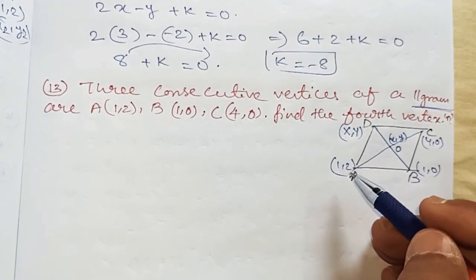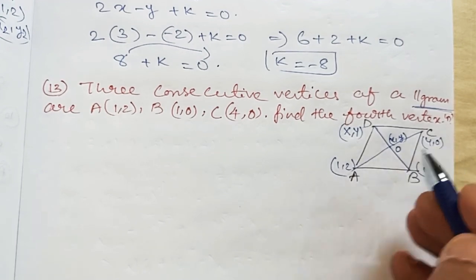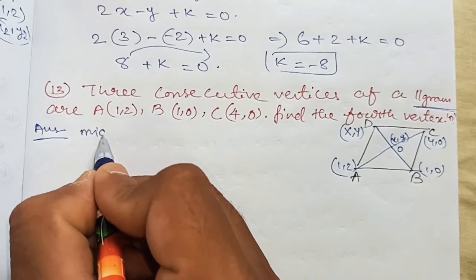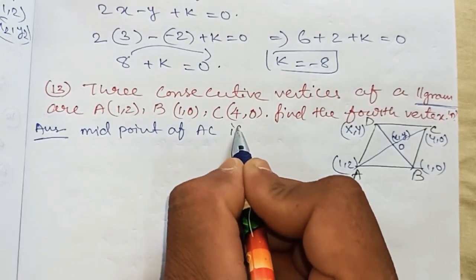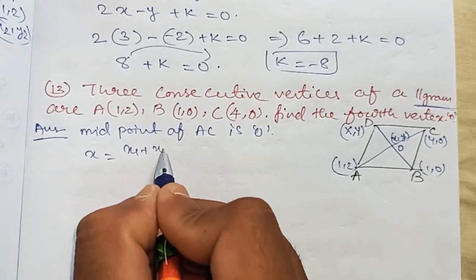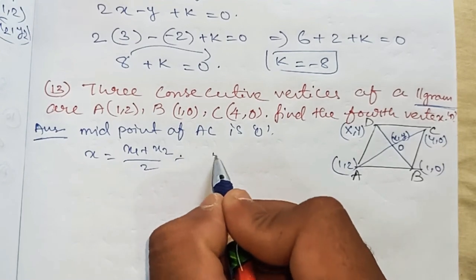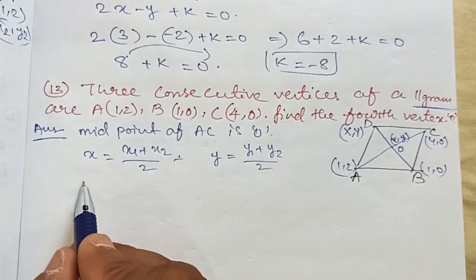So first of all I will find out the midpoint along AC because two coordinates are already given. So midpoint of AC is O, that is x equals to x1 plus x2 by 2 and y equals to y1 plus y2 by 2.